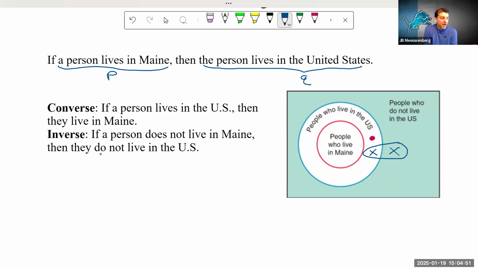So if a person does not live in Maine, then they do not live in the US. Well, they might live in the US, but they also might not live in the US. So this is not necessarily true, right? So the first one, not necessarily true. The inverse, not necessarily true also. So now let's look at the contrapositive. Go ahead and pause and see if you can rewrite that.